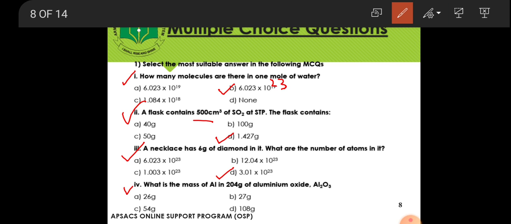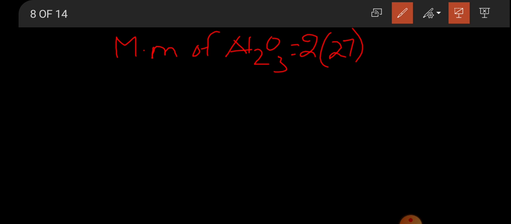Question number 4. What is the mass of aluminium in 204 gram of aluminium oxide? Yes friends, first of all let's calculate the molar mass of aluminium oxide. There are 2 aluminium atoms present, so 2 multiplied by 27, plus 3 oxygen atoms, so 3 multiplied by 16. 27 is the mass of aluminium and 16 is the mass of oxygen.